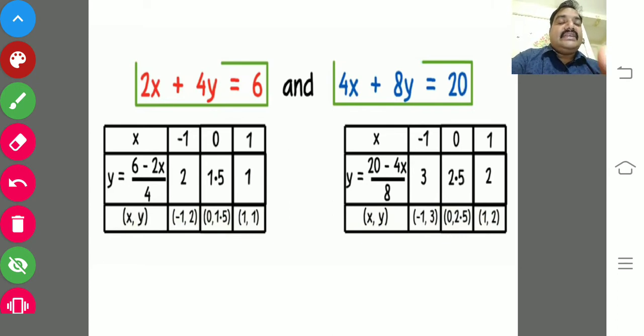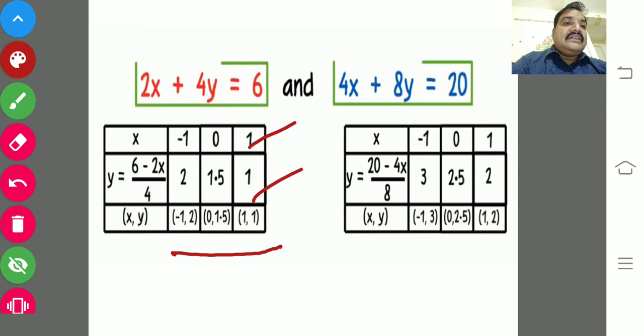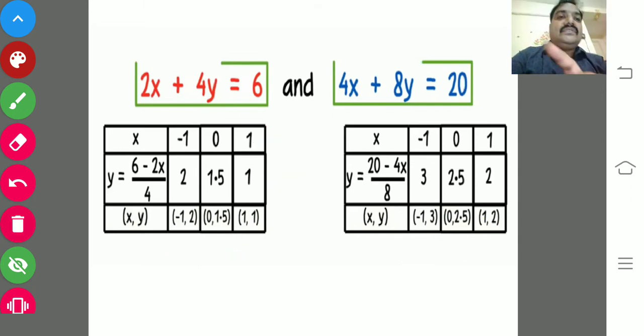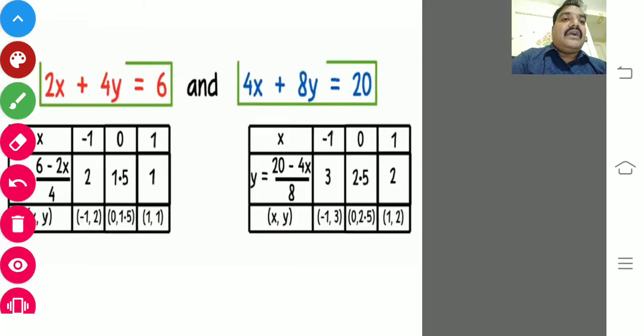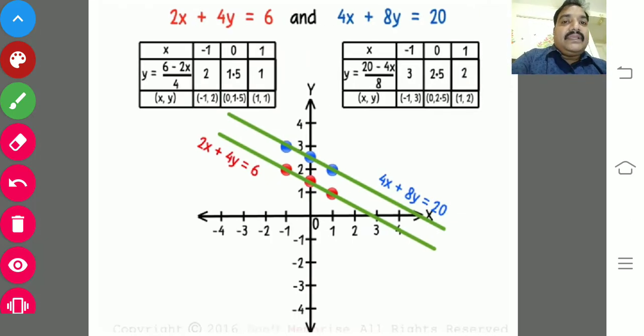In that equation, substitute the x values, then you will get y values. After finding the x values and y values, make them an ordered pair. If you do the calculations wrong here, after plotting, the graph will automatically become wrong.